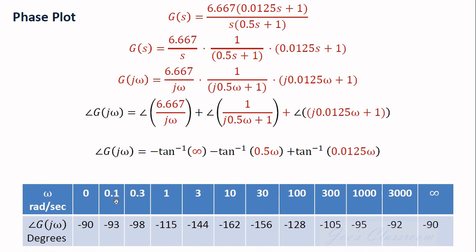I have taken 0.1 and 0.3, 1, 3, and so on. Why I have taken the third division is that in a semi-log graph, usually the third division comes almost at the middle. Not exactly at the middle, but very close to the midpoint. So that's why I have taken 0.3, 3, 30, and 300 and so on.